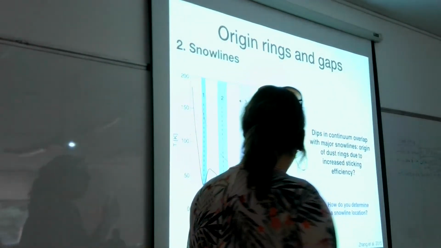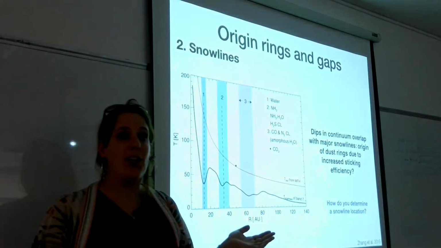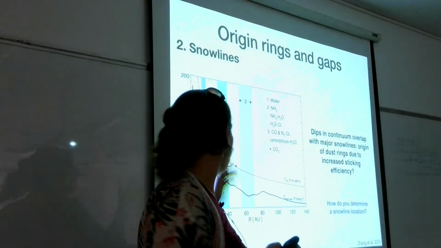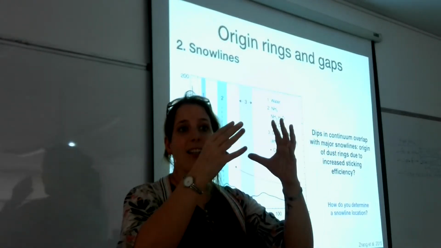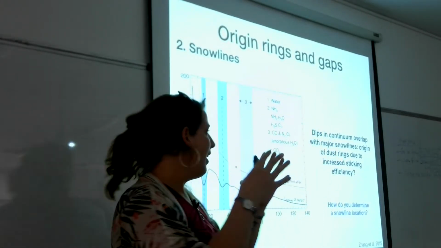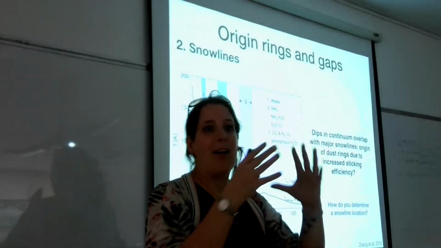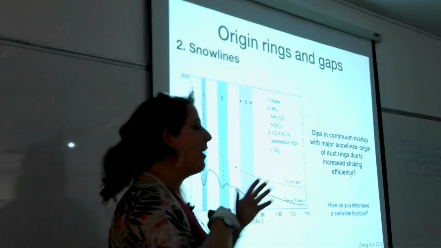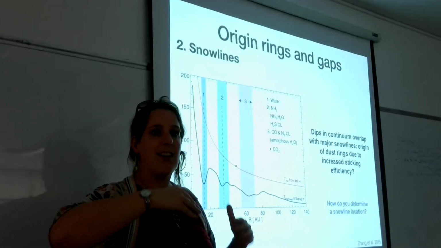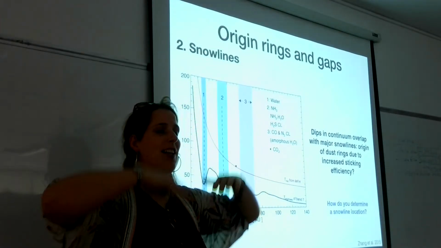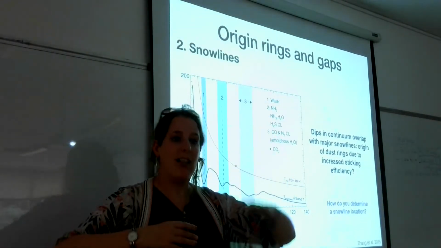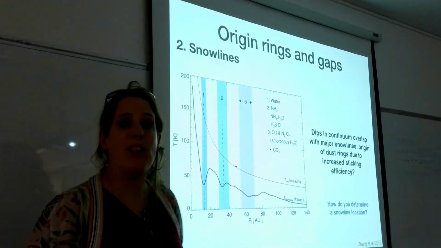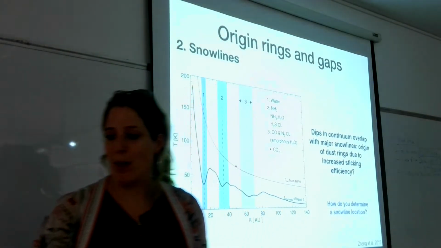And she thought, well, what if this is not coincidence, right? What if the reason that we see a dip is because grains are stickier at the snow line, because that's where suddenly everything starts to freeze out? And that means that they grow faster. And that way you essentially grow beyond millimeter sizes, and therefore you get a dip in the millimeter emission because you remove some of your millimeter particles.